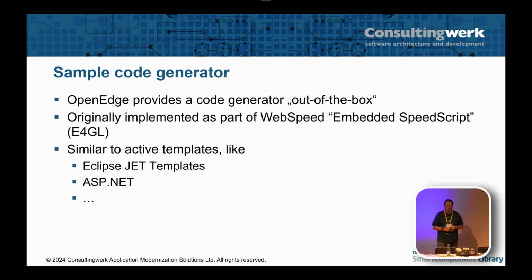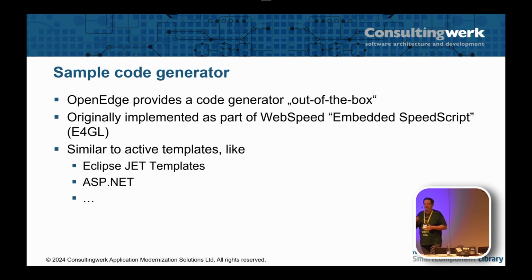What we typically use as a code generator for things like this is the code generator that Progress originally developed for embedded SpeedScript. I don't know who did WebSpeed here 20 years ago and did HTML files with embedded ABL code. It's still there, and it actually also works with the WebSpeed variant in PASOE. The templating format is very similar to other active template engines like EclipseJet or ASP.NET.